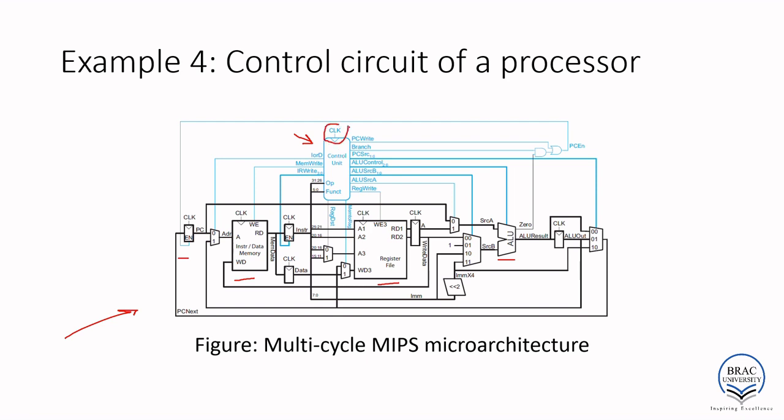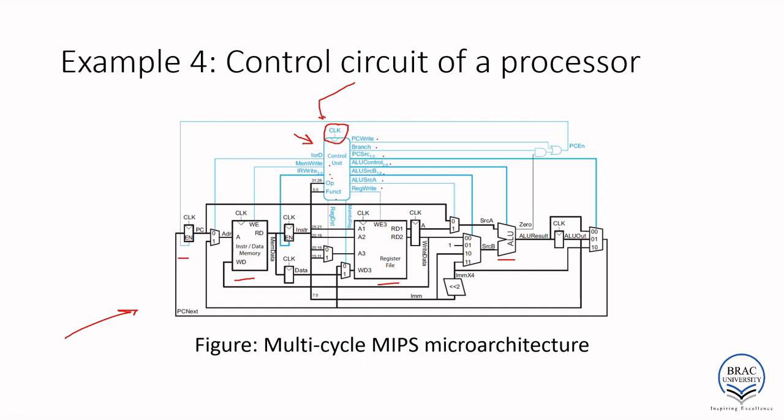We have a clock input to our control unit, and different control signals such as PC write, branch, PC source, ALU control, ALU source B, ALU source A, register write, opcode, function, and also memory write and IO write. These are some of the control signals that this control unit should produce with every clock input.